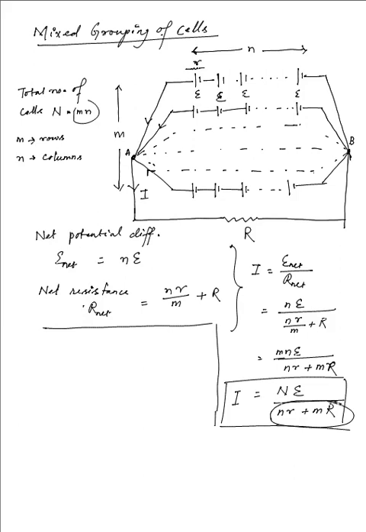However, we can obtain a condition where we can have a reduction in them, and let's check for that condition. That is to obtain the condition for maximum current. For that, the term nr plus MR must be minimized to the maximum extent.